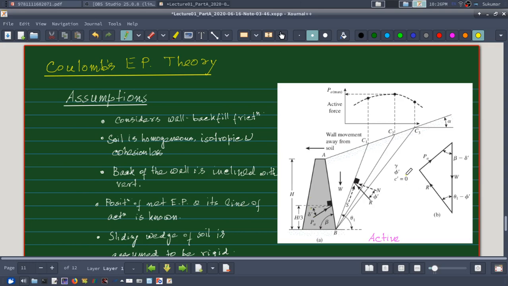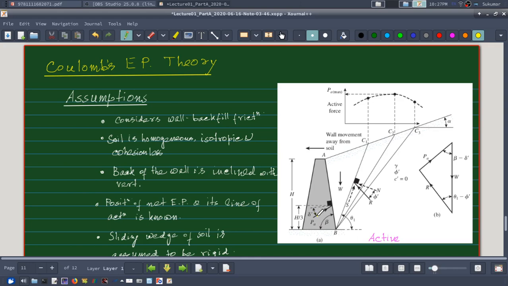In a similar manner, since there is wall friction between the wall and the soil, and say that angle of friction is delta, or delta dashed in this figure, in that case this resultant active earth pressure will be acting below this normal to the inclined wall surface at an angle delta.